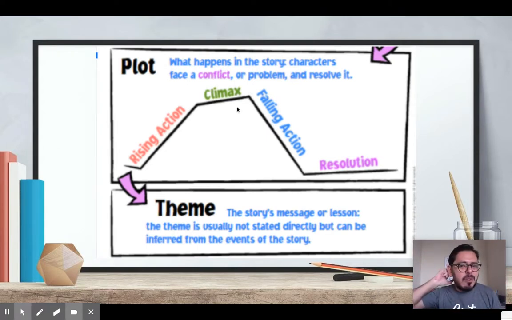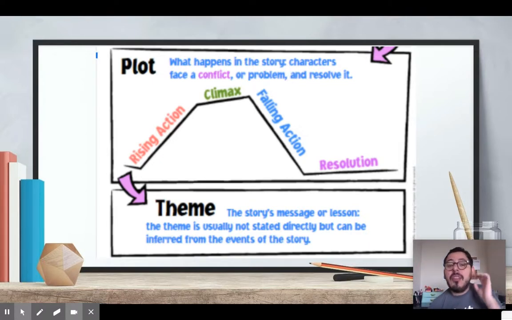Here, if it was an action film or sci-fi or something like that, we could hear the music intensifying, and it's all exciting. And it's the turning point of a story. And then there's the falling action, where everything starts to settle down. It's getting better, and we are pointing towards the resolution. The resolution is pretty much the ending of a story where everyone lives happily ever after, the conclusion of the story, the closing of the whole story.